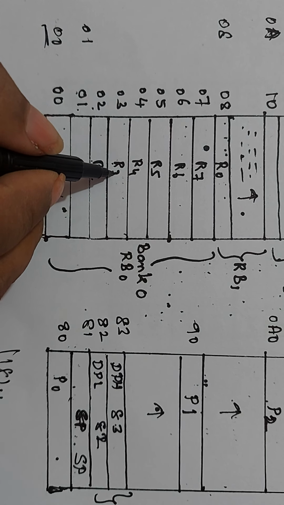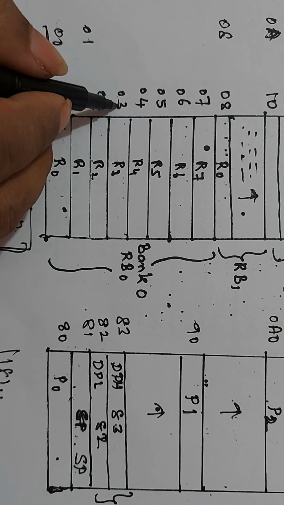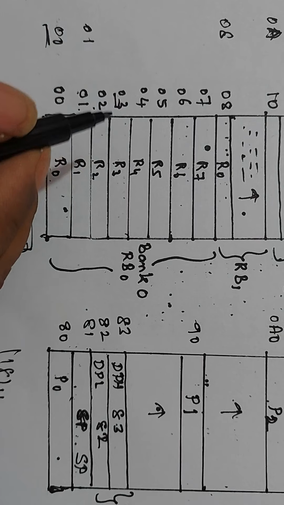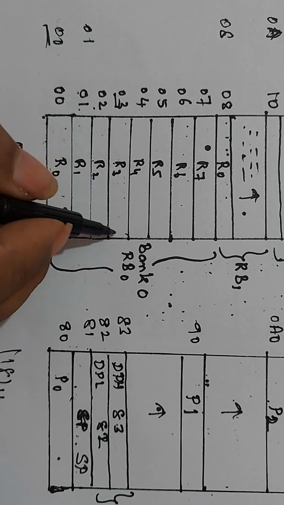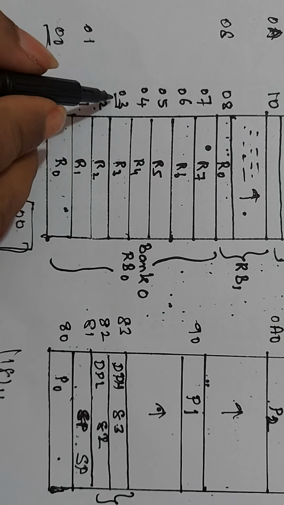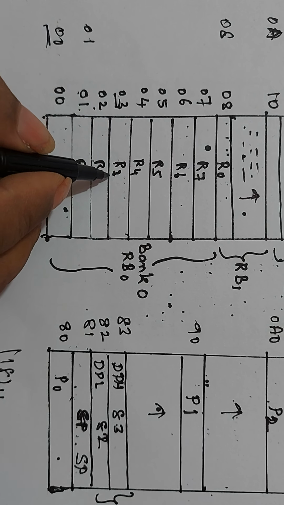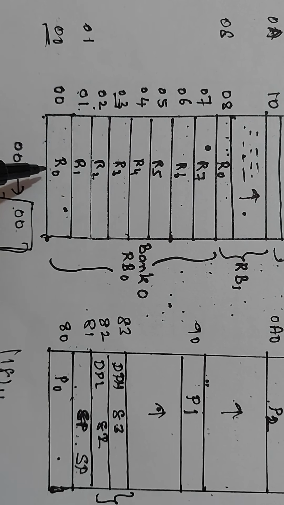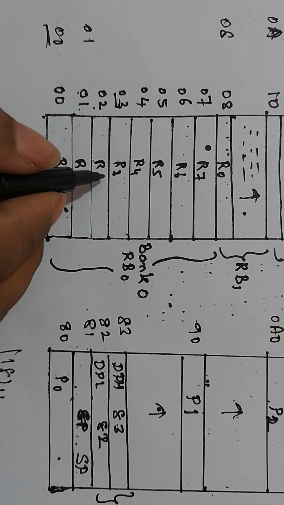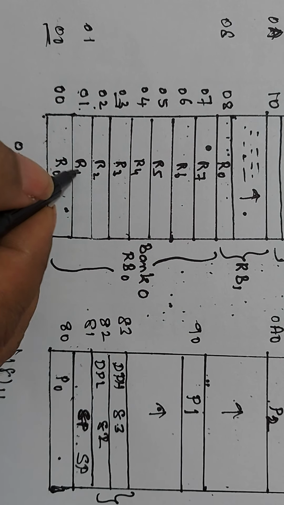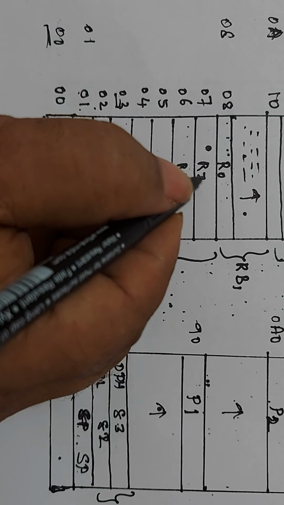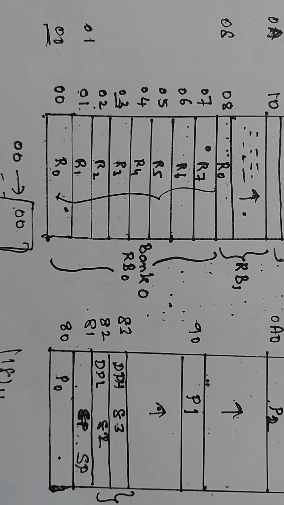Similarly, the register R3 is represented by the byte address 03. 03 is nothing but the 1, 2, 3, 4, fourth RAM location, where 03 is the byte address of register R3. Similarly, there are totally 8 working registers, namely R0, R1, R2, R3, R4, R5, R6, R7. So 1, 2, 3, 4, 5, 6, 7, 8. There are totally 8 working registers.